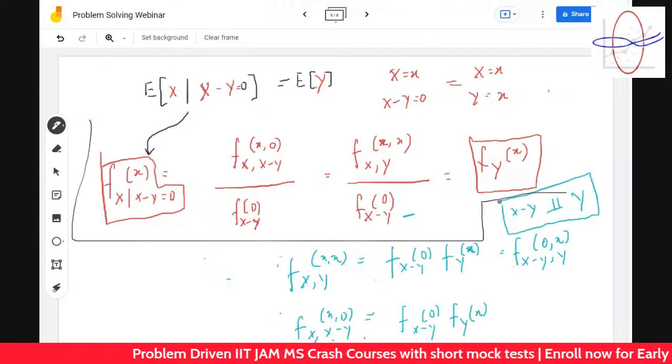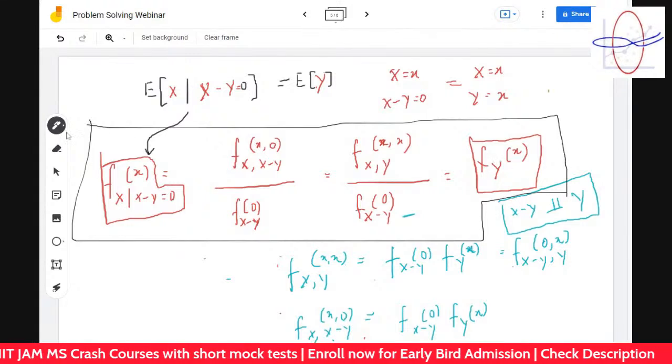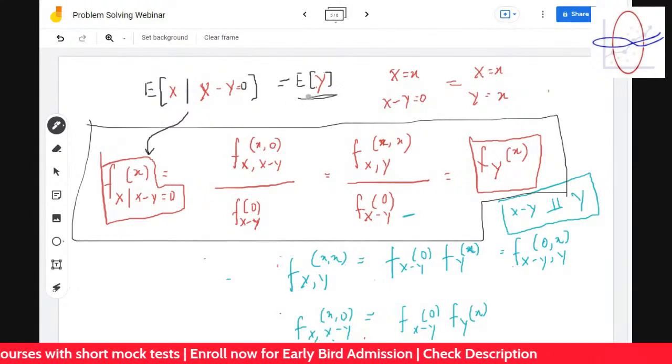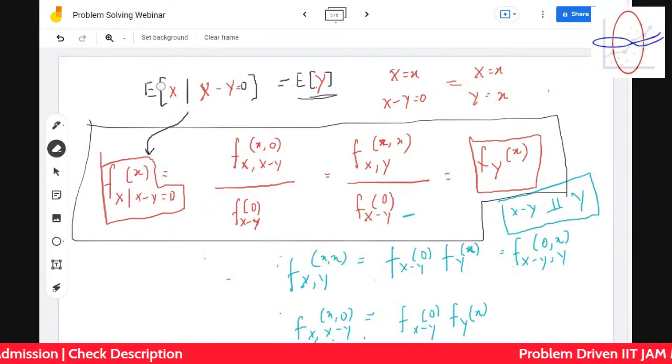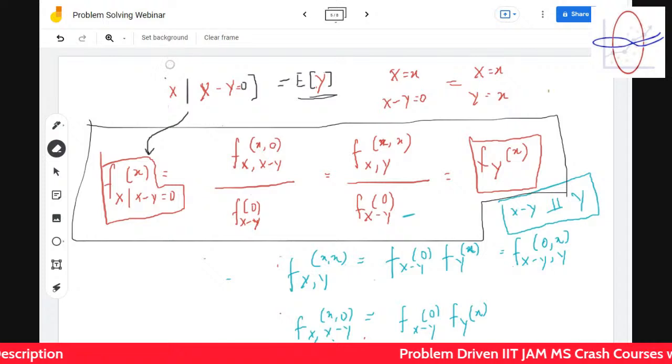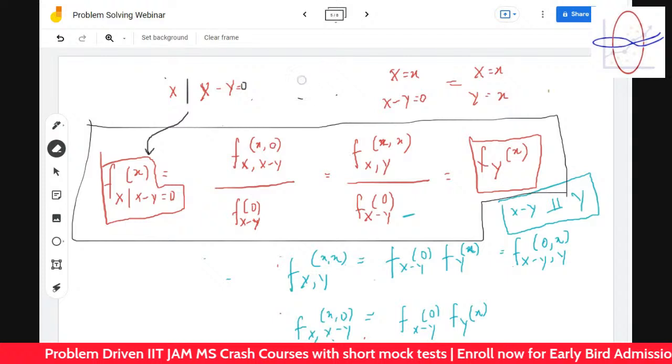So how did we write f of x? No, that is what we are trying to show, right? We are trying to show that x given x minus y is equal to 0 should be behaving like y. Is that what we are trying to show? Is it true only when x minus y and y are independent, right?